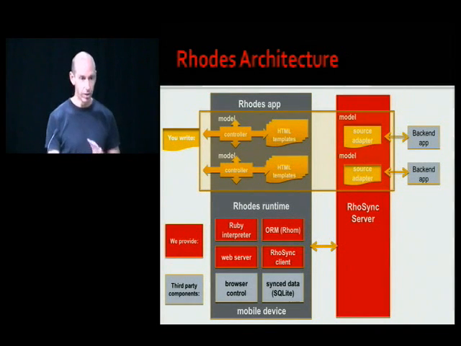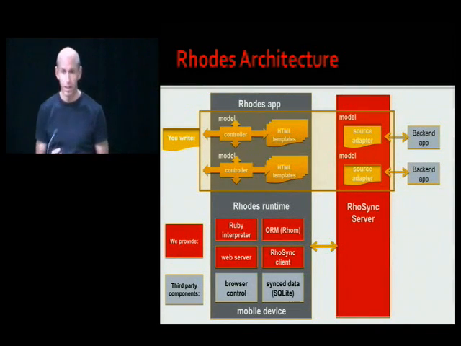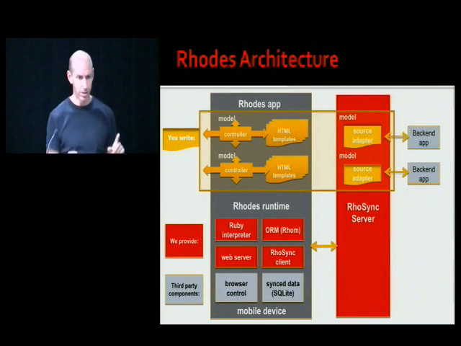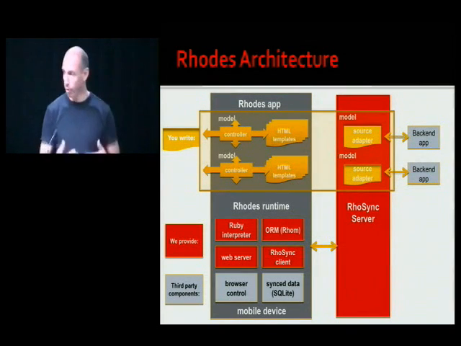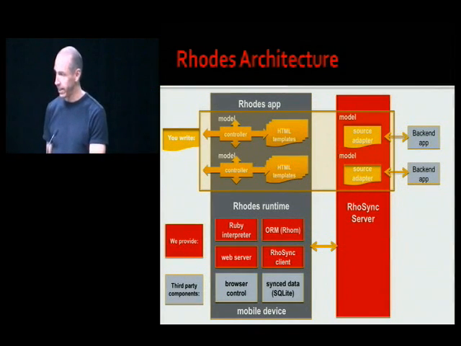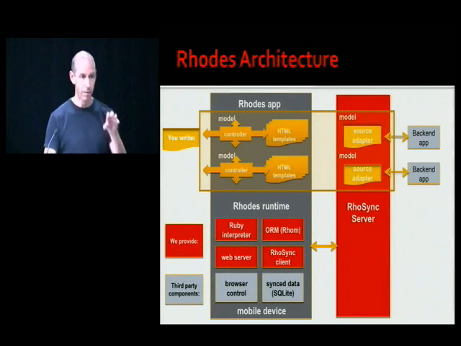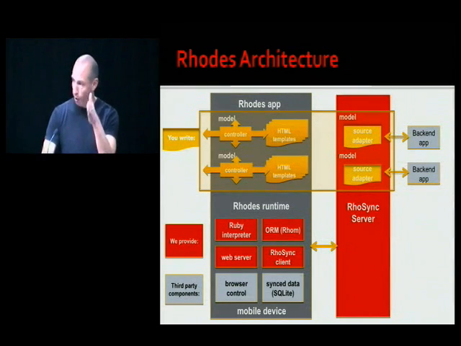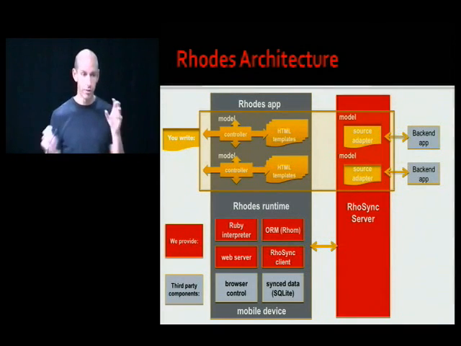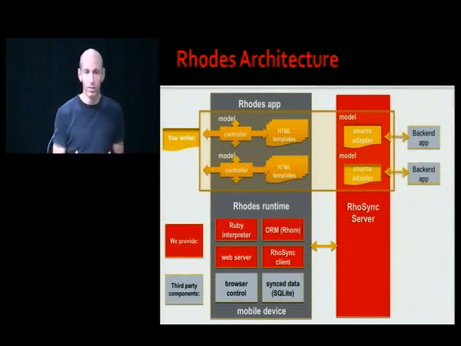We do some styling with, if anybody's ever seen iUI, which Joe Hewitt, who's now at Facebook, wrote, a library so that you can write HTML, but it looks like a native iPhone app. We've taken that basic approach, extended it, made it even more optimal, and did it for all the other OSs. So the net result is, even though there's a browser there, you can't really tell. It looks very close to a native app.